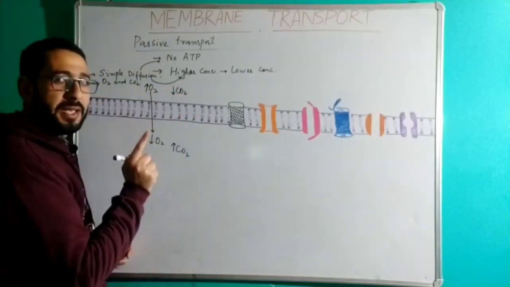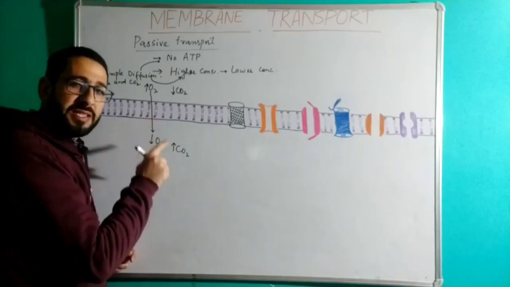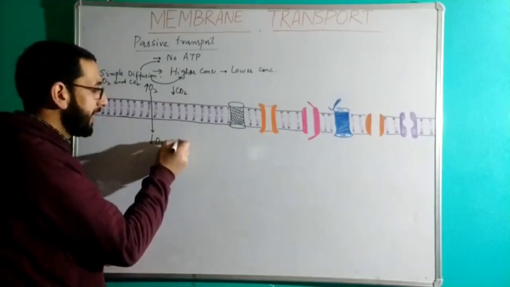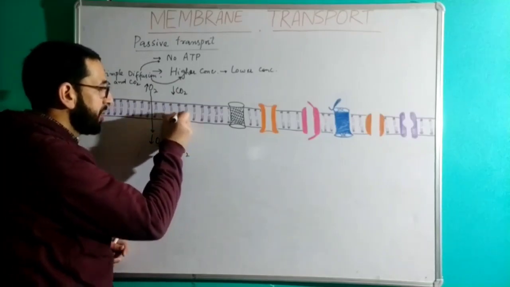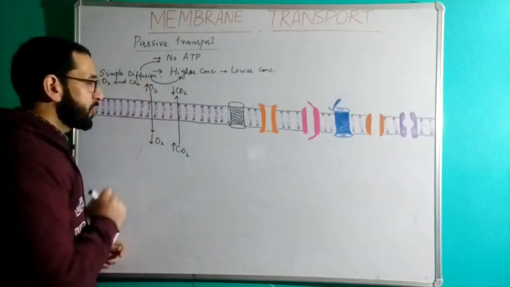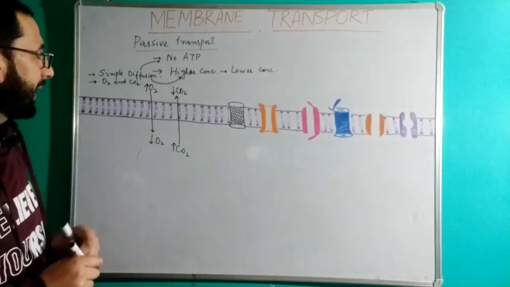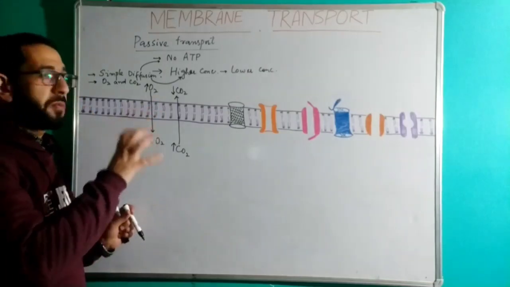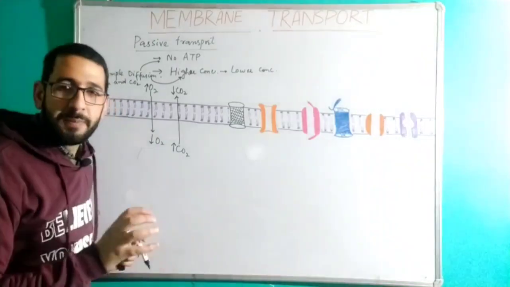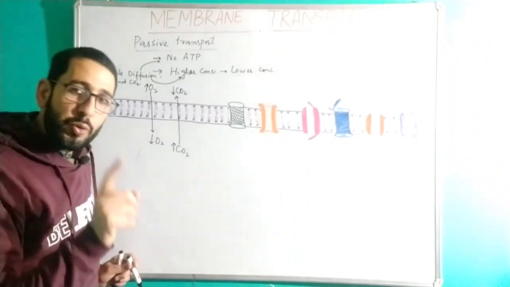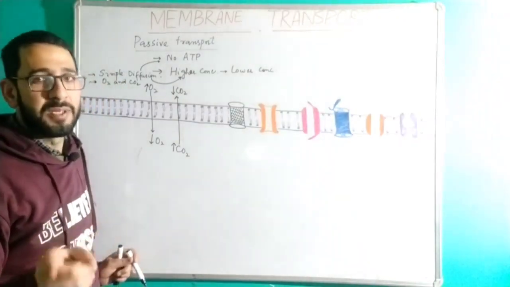So carbon dioxide will simply get diffused through this phospholipid bilayer from higher concentration to lower concentration. So this is the first thing which is going to be transported by means of simple diffusion, and that is respiratory gases, oxygen and carbon dioxide.